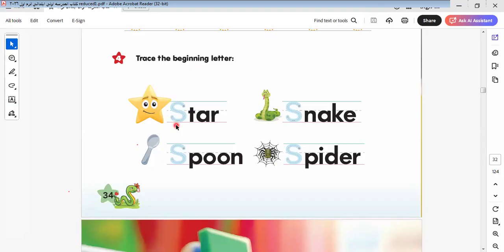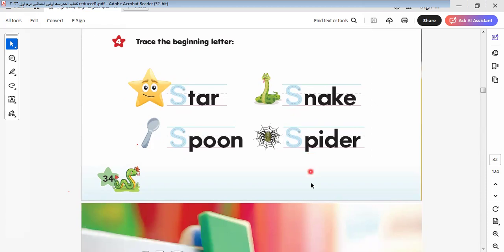We can trace this letter by writing it with a pencil, following the dots that we have here. Write the letter S as in this word. It will be here star, snack, spoon, spider.